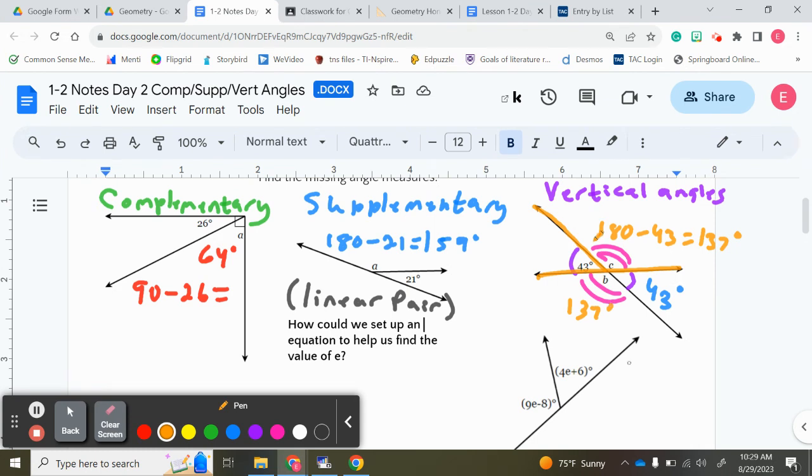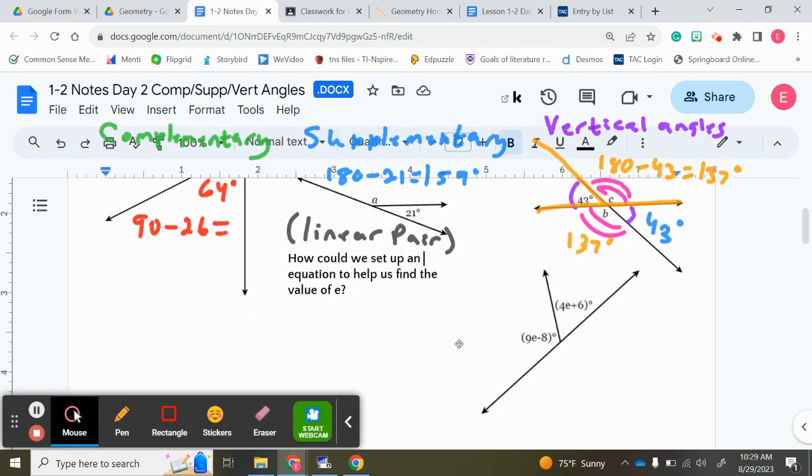All right, now we're going to add some algebra into this. How would we set up an equation to help us find the value of E for this? First off, we know if we add these two angles together, they're equal to how many degrees?